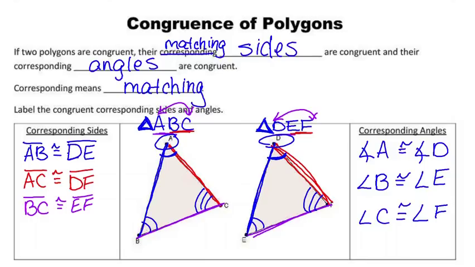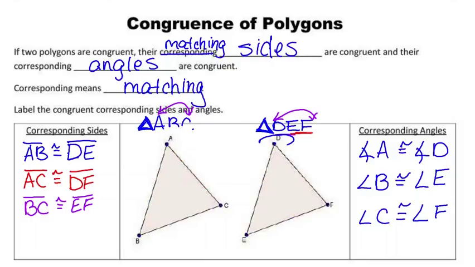Now I'm going to erase my picture a little bit just to give you a better geometrical representation. So this is A, B, and C, and this is D, E, and F. The way we can say that line segment AB is congruent is we can put little tick marks. So AB is congruent to DE. And AC, so I'm going to put 2, is congruent to DF, which gets 2.